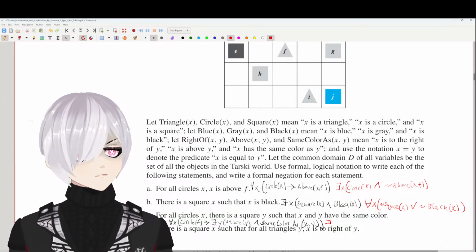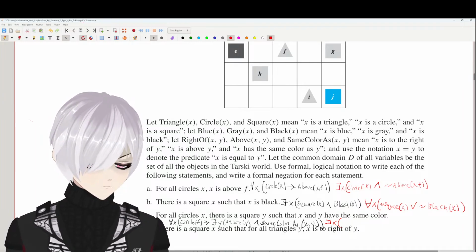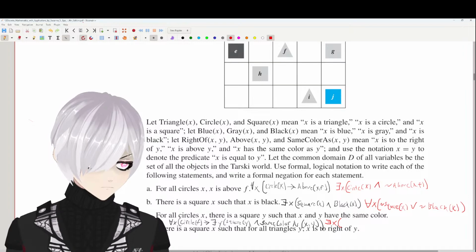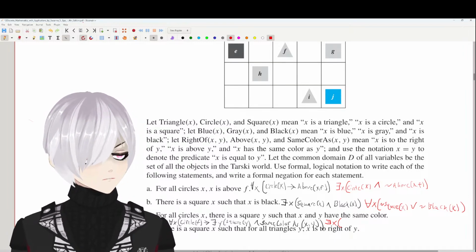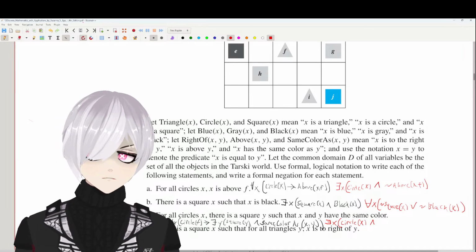So let's see. The opposite. For some x, and then we're negating a conditional, right? We would say that the hypothesis is true and the conclusion is false. So for some x, x is a circle, and now the conclusion is false.